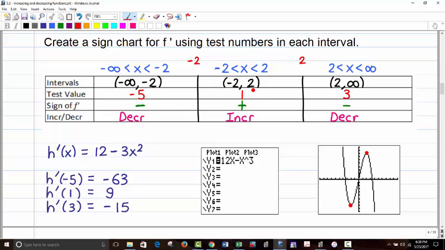Then I picked something between negative 2 and 2, so I chose 1. I don't know why. I should have chosen 0.